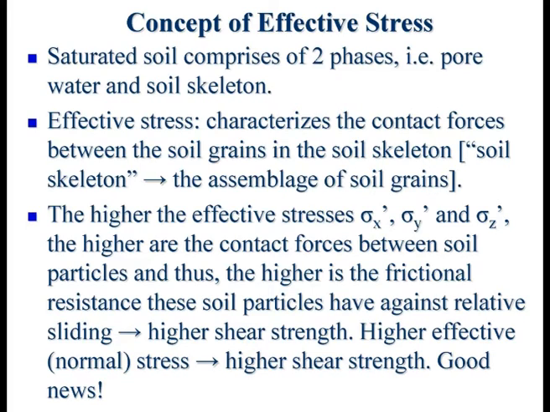And it really is the interaction of these two phases that gives soil a lot of the interesting features that we see. And the effective stress is a concept started by Karl Terzaghi. I think you know Karl Terzaghi, right? To characterize the contact forces between soil grains in the soil skeleton. And when I talk about soil skeleton, it is the assemblage of all the soil grains.